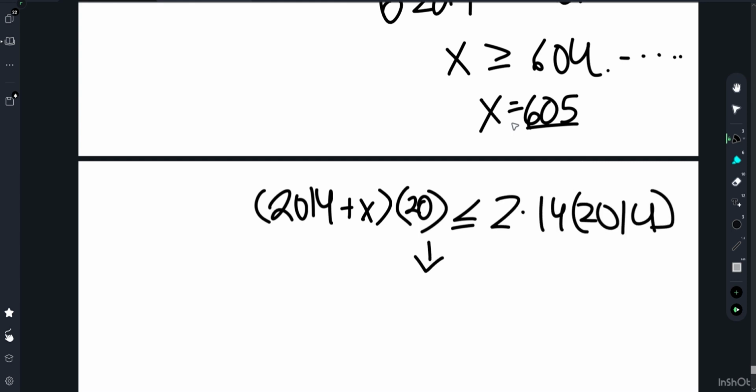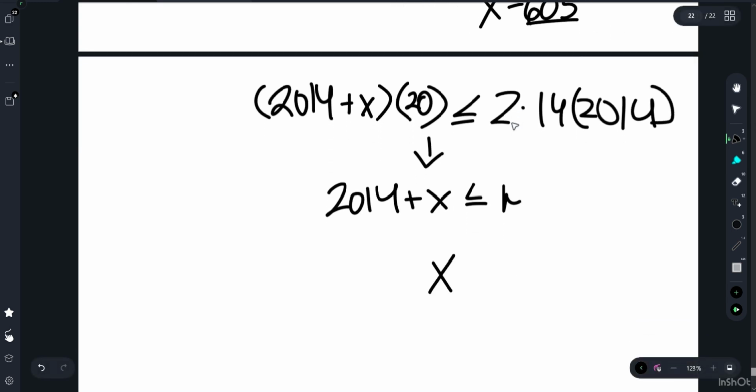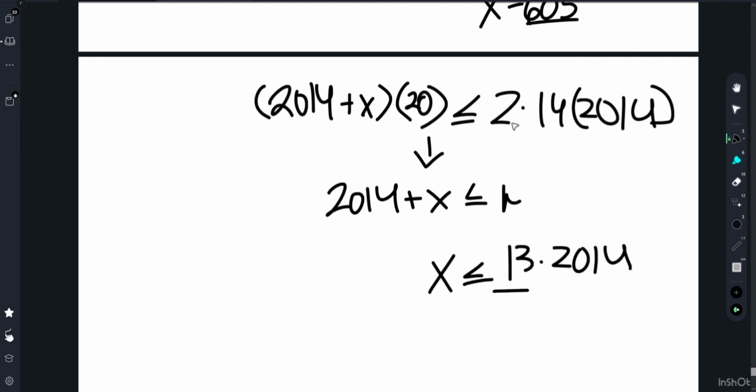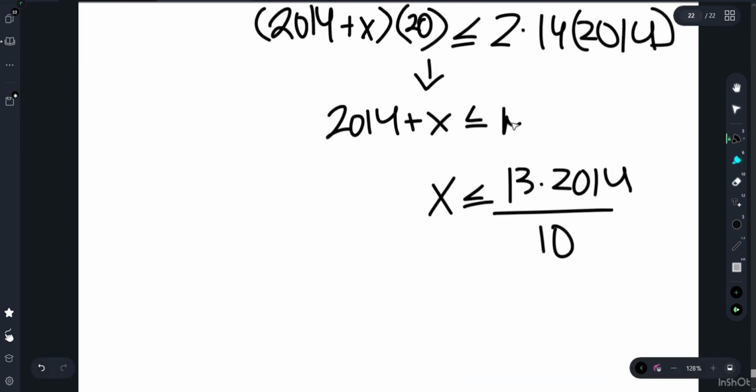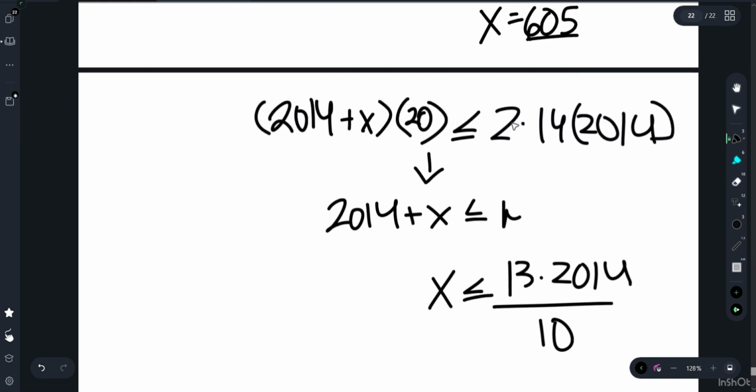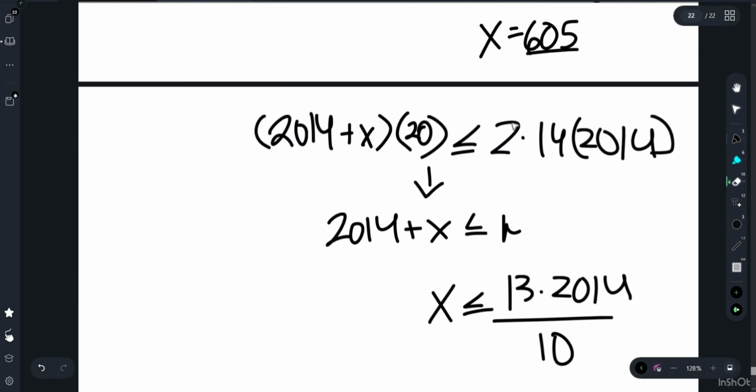And so this gives 2014 plus x is less than or equal to 14. So x is less than or equal to 13 times 2014 over 10. And so, sorry, not 14.